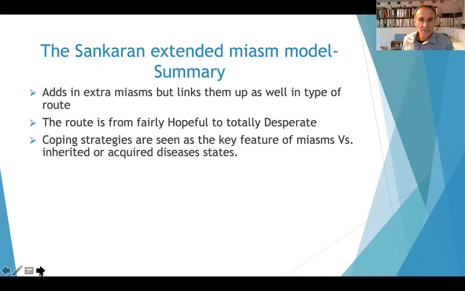And the coping strategy is seen as the key feature of miasms versus inherited or acquired states. He's not saying that inherited or acquired states don't exist, but the main point in understanding, applying and using it is knowing what is the coping strategy and seeing in your case taking how that coping strategy is shown.